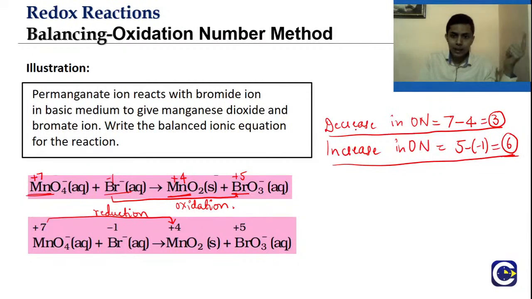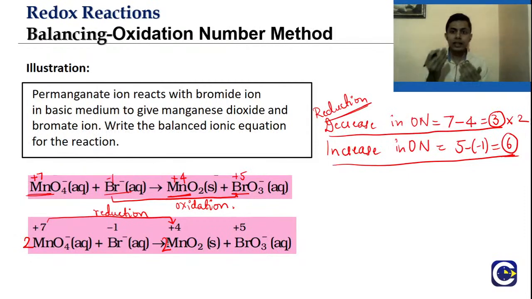To balance, I need to multiply the reduction with 2, correct? To balance out the reduction as well as the oxidation. Manganese is reduction, so I'll multiply that with 2. Clear? Because the decrease in oxidation number should be equal to the increase in oxidation number. The reduction reaction needs to be multiplied with 2, so that the decrease in oxidation number also becomes equal to 6. Clear?